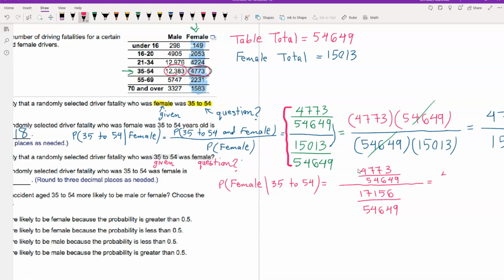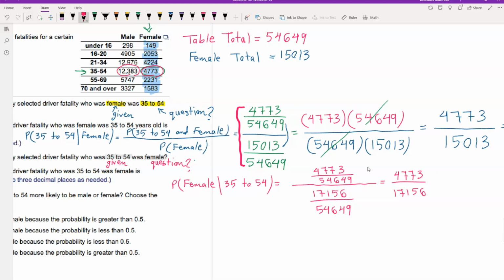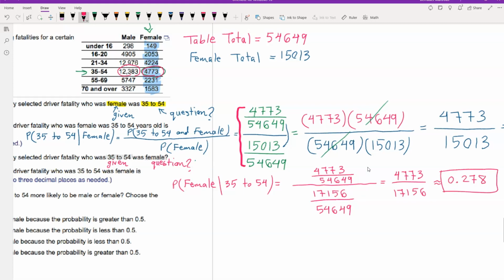So simplify, here we have to divide these two numbers. Rounding, the answer is 0.278.